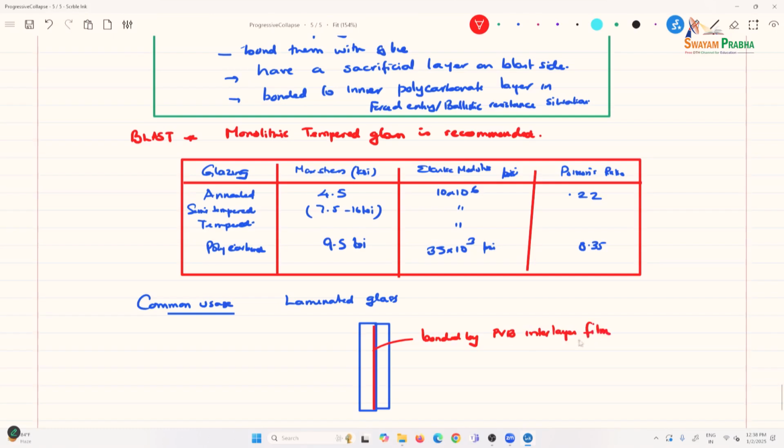They are very thin films that can be utilized.